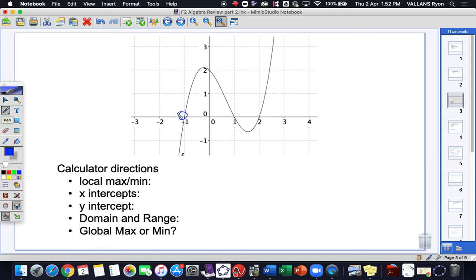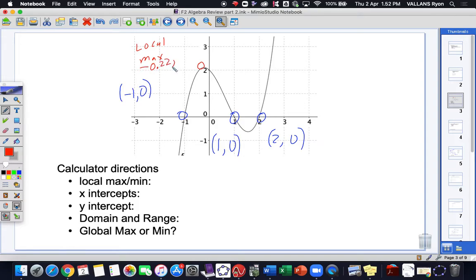This x-intercept is at -1, 0. This x-intercept is at 1, 0. This x-intercept is at 2, 0. Our local maximum should have been at negative 0.22, 2.11, if I go to 2 decimal spots.